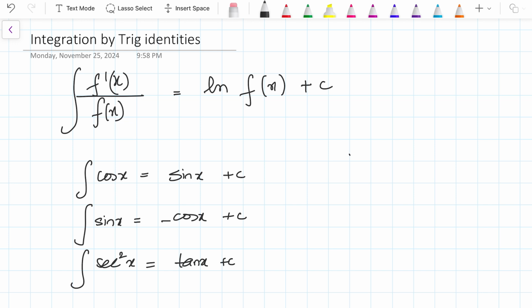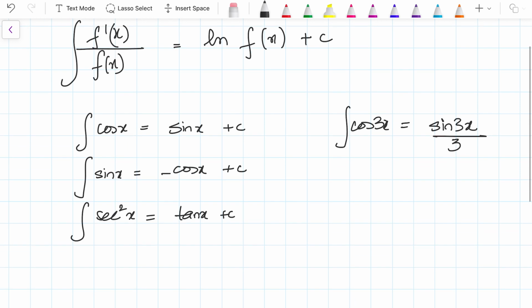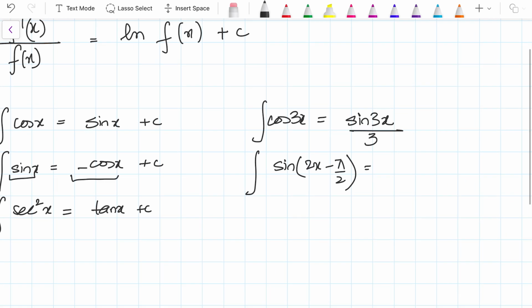And if you have a function like, for example, cos 3x, we integrate to make it sine 3x divided by the differential of the angle. For example, if you have sine 2x minus pi by 2, the integral of sine is a minus cos. So it becomes a minus cos 2x minus pi by 2 divided by the differential of the angle, which is 2, plus c.